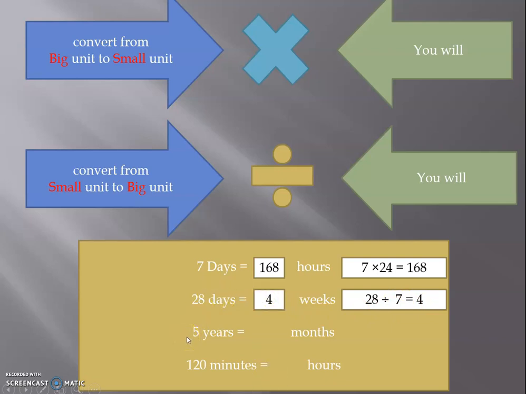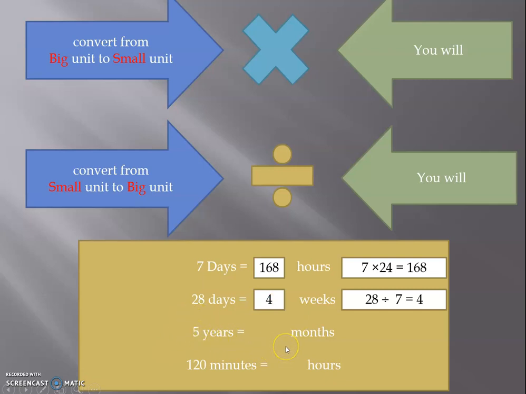Let's go to the next question. 5 years equal how many months? Here year, and here month. Year is bigger than month, so I'm converting from big to small. If you convert from big to small, you multiply. The first number is 5.